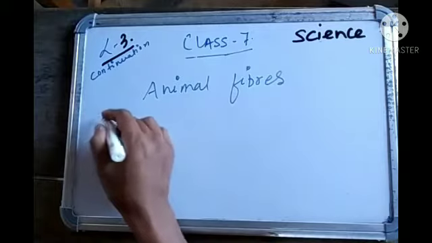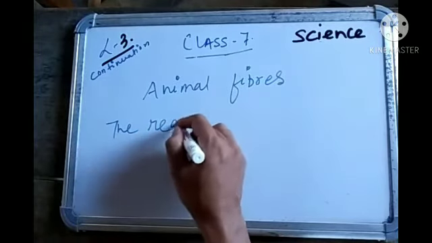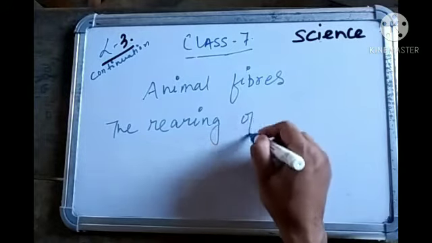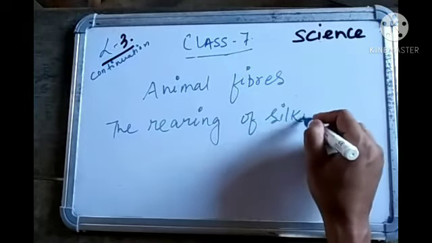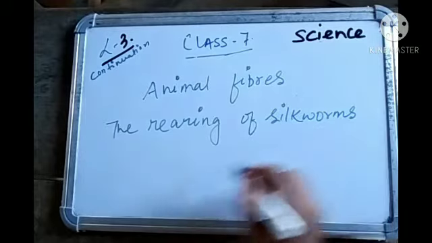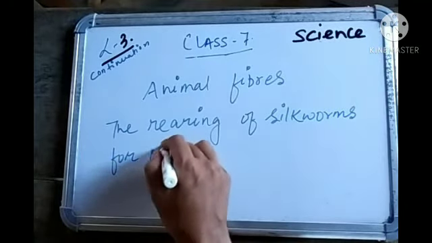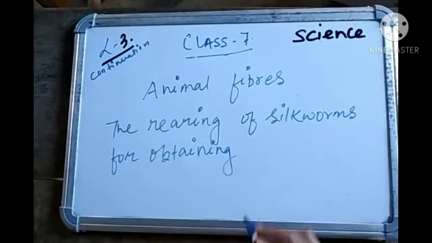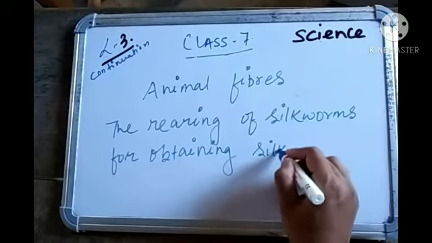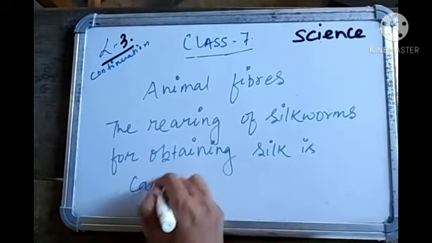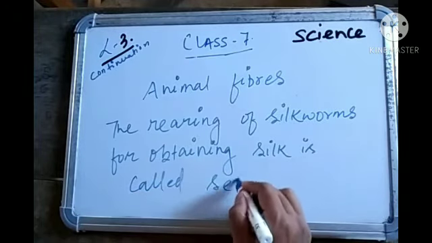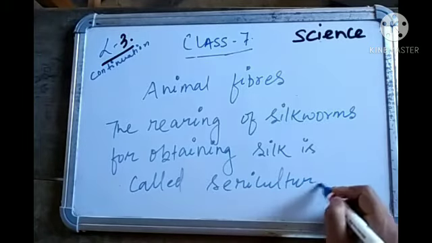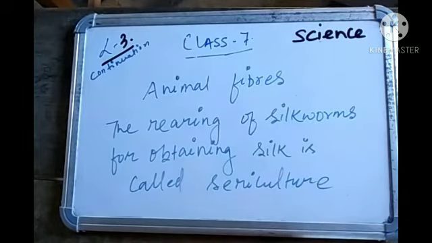The rearing of silkworms for obtaining silk is called sericulture. It's called sericulture. So the rearing of silkworms for obtaining silk is called sericulture. This is the introduction part.